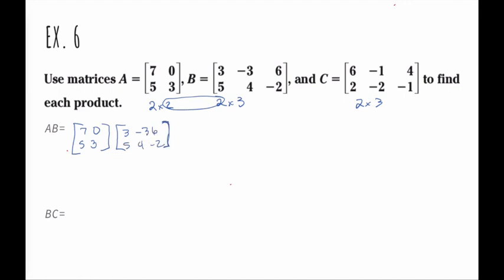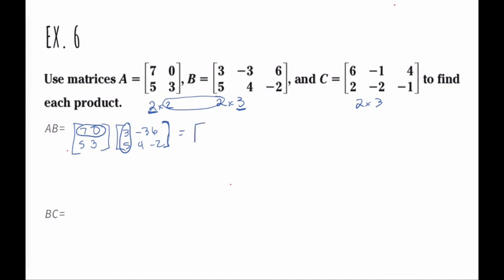And so what you do is you multiply the row of A by the column of B, and we're going to multiply these and add them up. So remember what I said, the numbers left over should tell you what the dimensions of your product matrix should be.